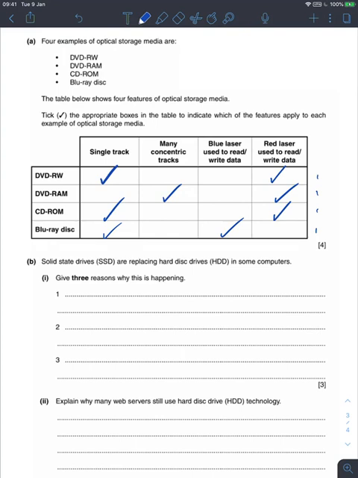B, solid state drives are replacing HDD hard disk drives in some computers, well most computers. Give 3 reasons why this is happening.